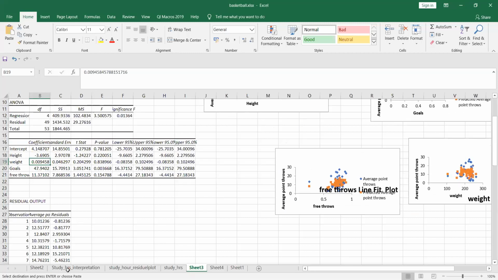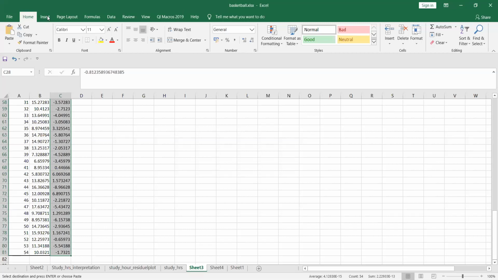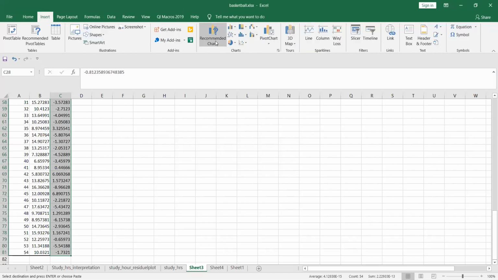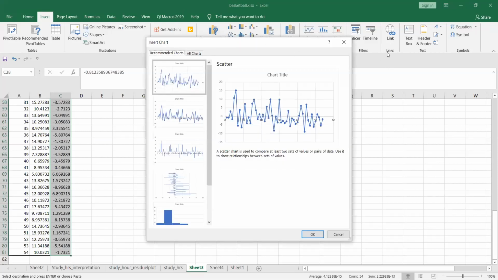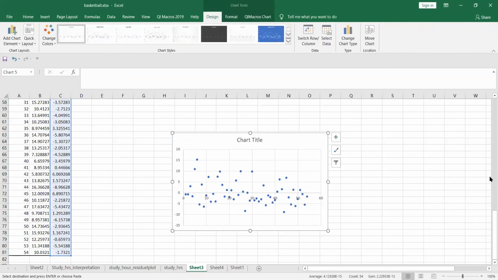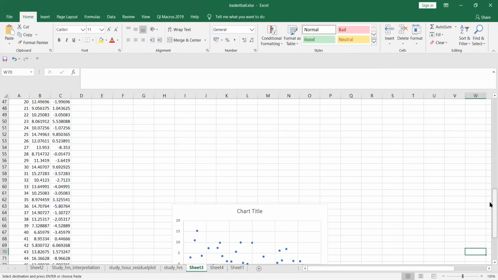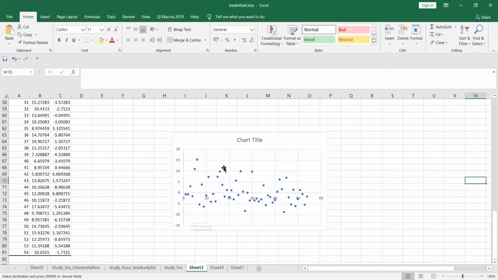If I draw the residual plot, now it is scattered. The problem can be solved using linear regression, but here the problem is multicollinearity.